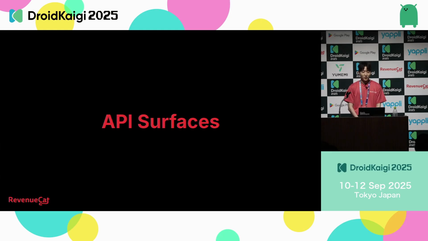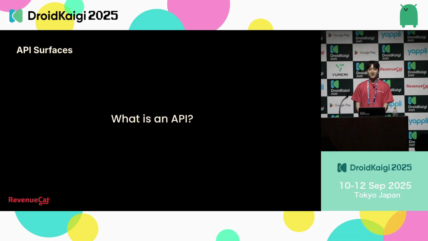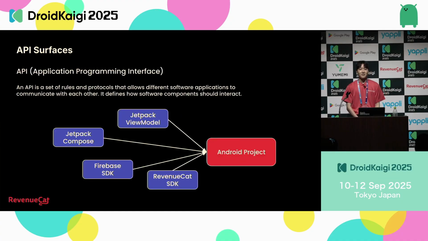Before we dive into building libraries, let's talk about the API surfaces. So what is an API? API stands for Application Programming Interfaces, which is a set of rules and protocols that allow different software systems to communicate with each other.